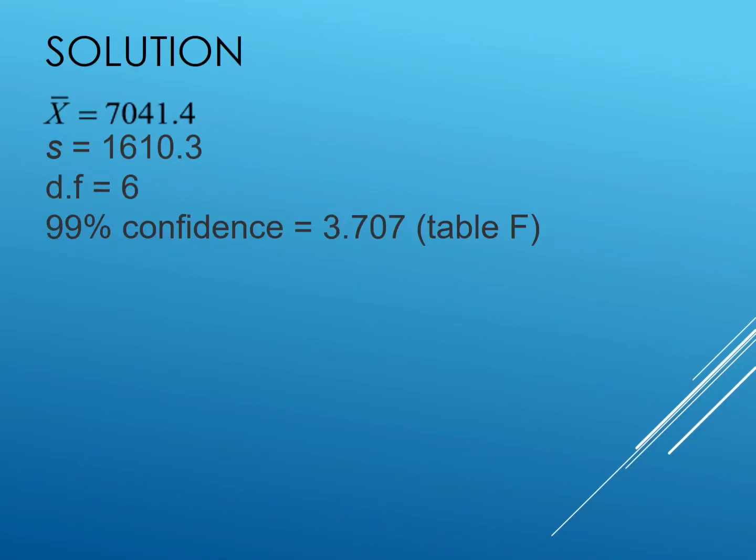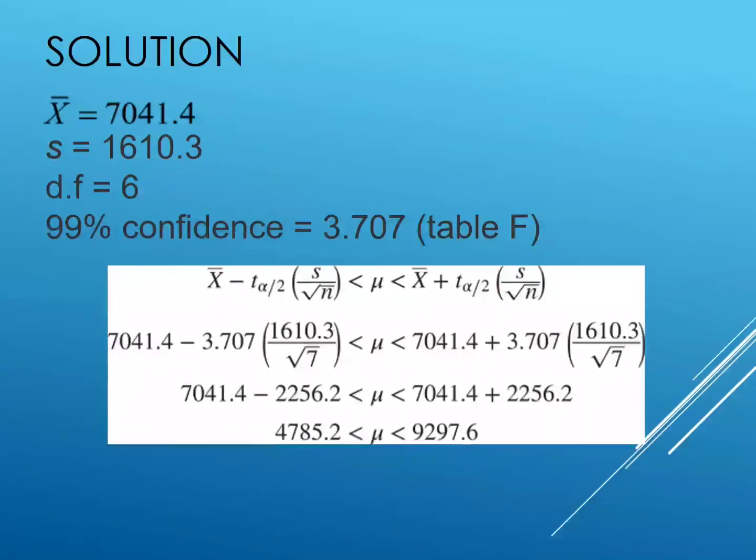That is my critical t. And all I have to do is plug those numbers in and do some algebra at this point, as you can see on the screen. And you should get 4785.2 less than mu less than 9297.8.